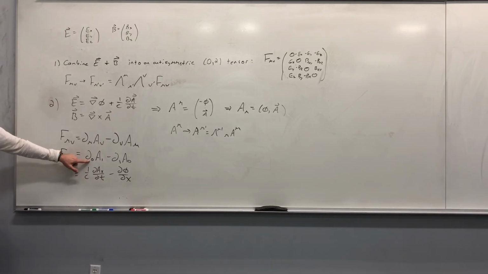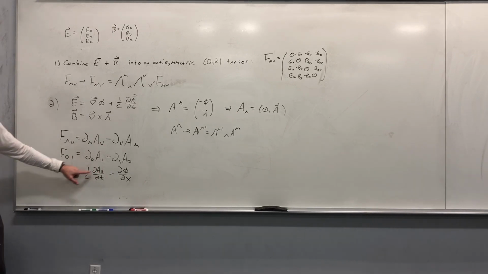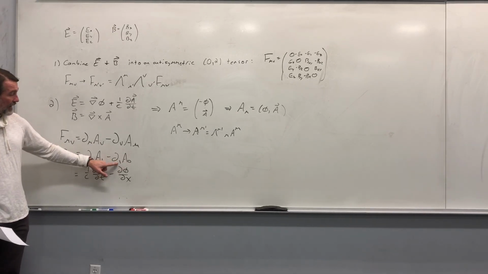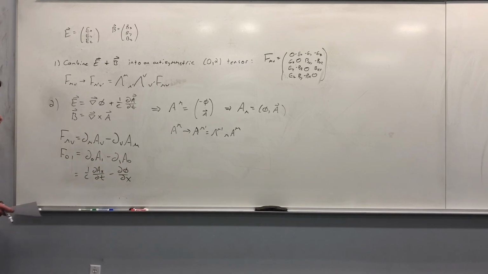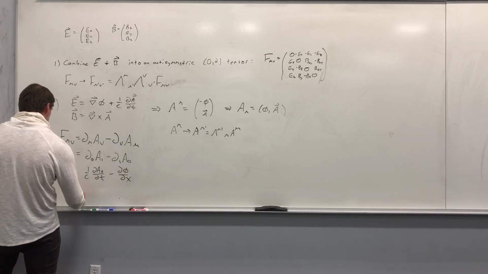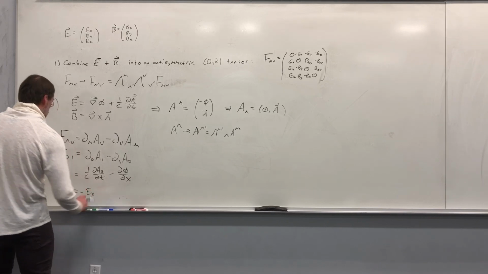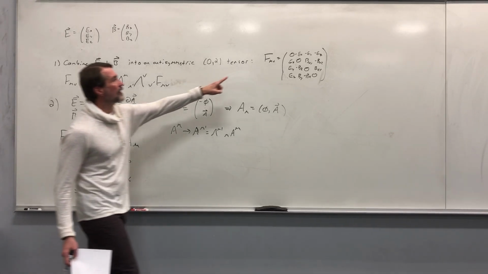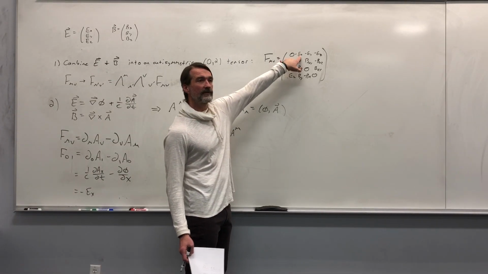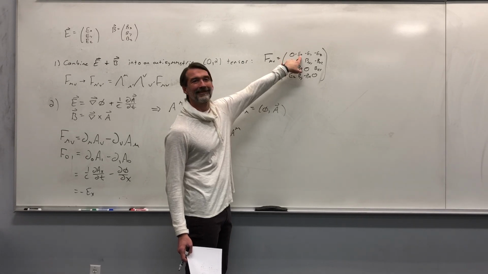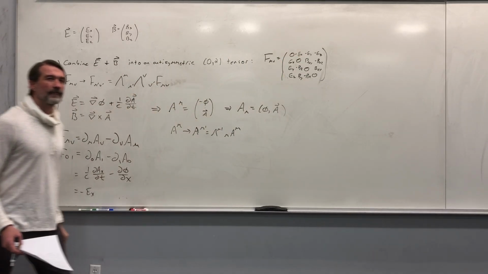D0 is 1 over c dt. A1 is the x component of A, so that's this term. And then A0 is, of course, phi, and D1 is d by dx. If you compare it to this, that's just minus EX. Oh, look, the 0, 1 component of this is minus EX. Everybody on board?